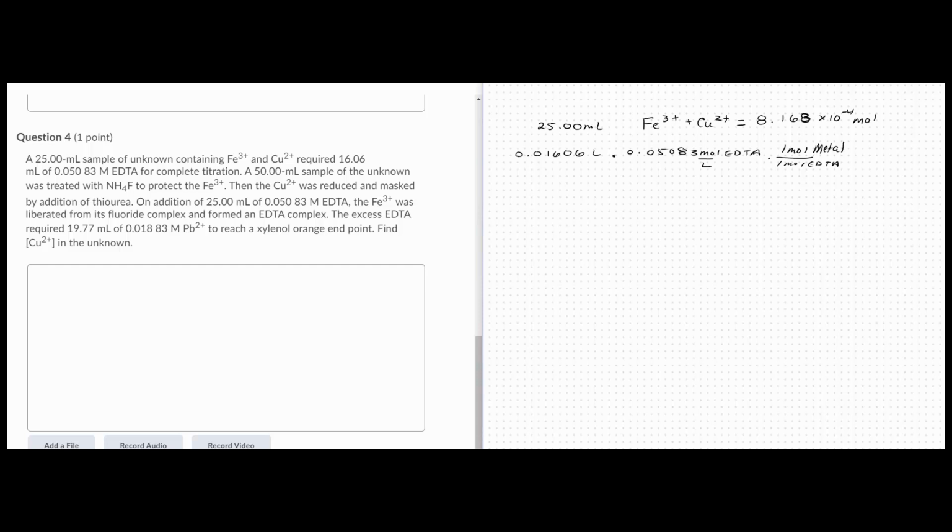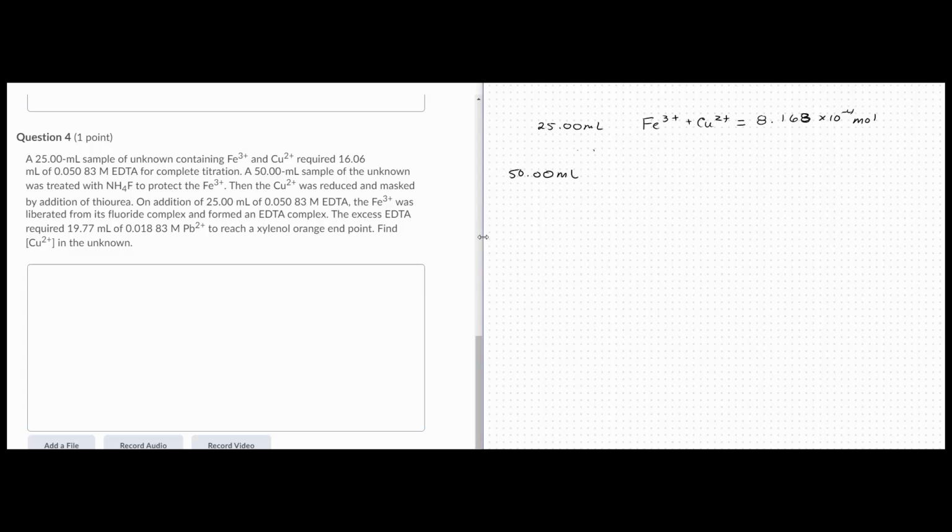So then we have a 50 milliliter sample. So now we have 50 milliliters of our unknown, and we're going to treat it with some ammonium fluoride, and we're going to protect that iron. So then the copper is reduced and masked.